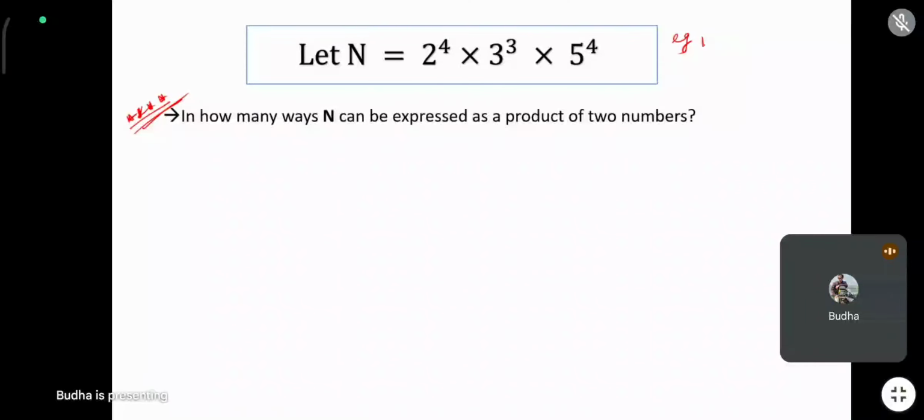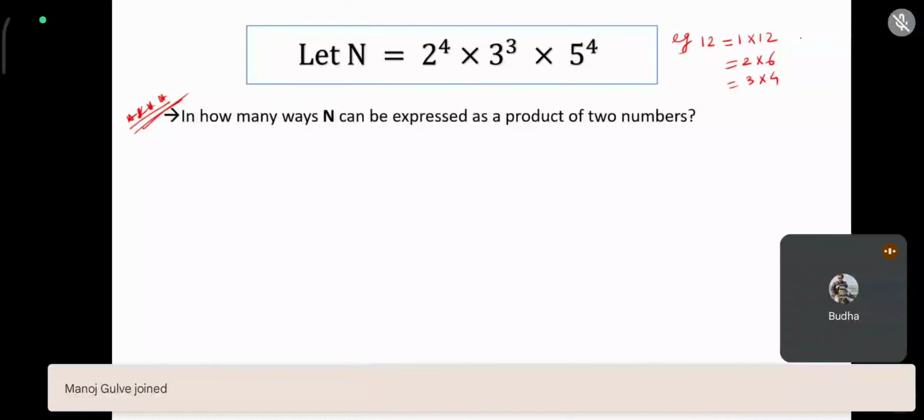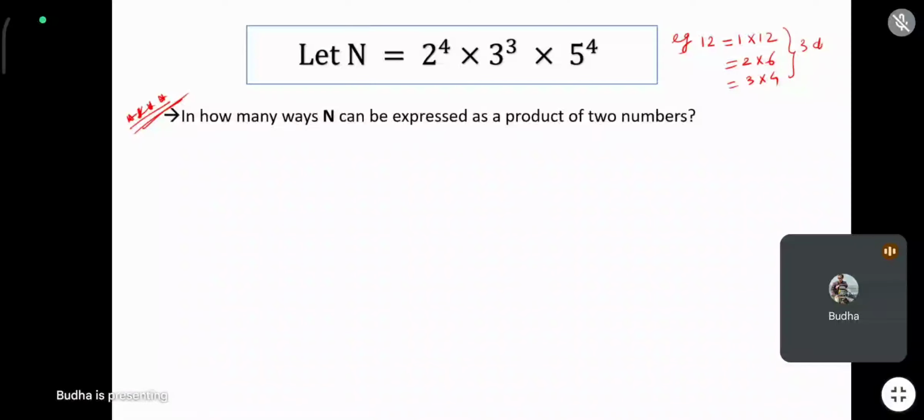Let's say, for example, 12. 12 can be expressed as 1 into 12, 2 into 6, 3 into 4. तो 12 को I can express as a product of two numbers in 3 different ways. मैं 3 अलग-अलग तरीके से इसको एक्सप्रेस कर सकता हूँ. Okay, am I clear so far? Is it okay? Yes, sir.